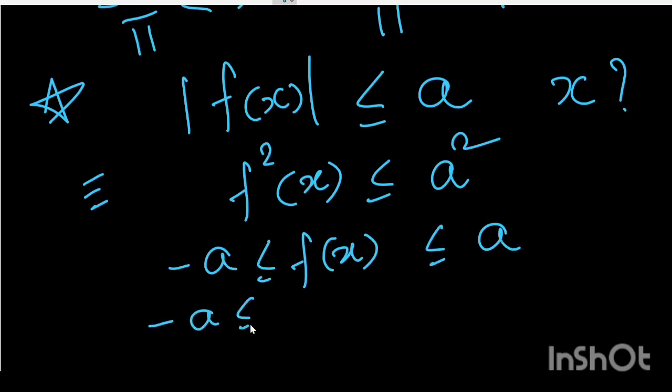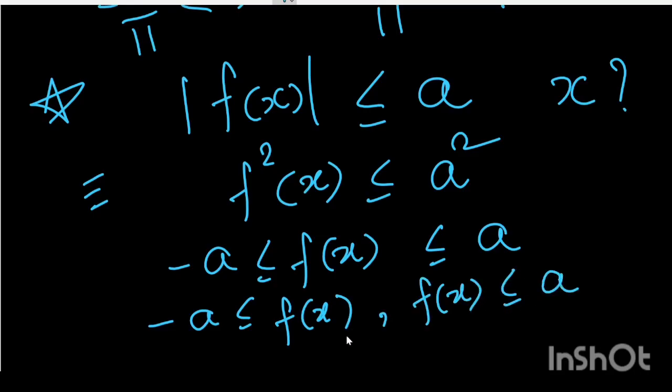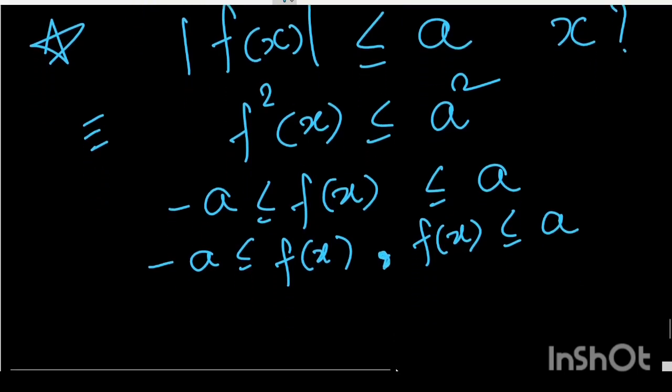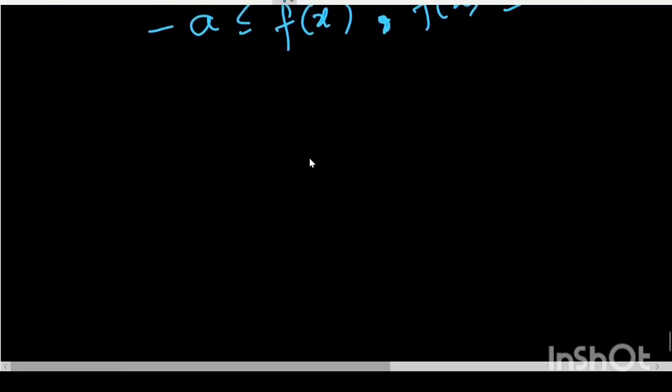In the next step, we can split it into two if required: f of x greater than or equal to minus a, f of x less than or equal to a, and take the intersection of that if required. So let's take an example on this.